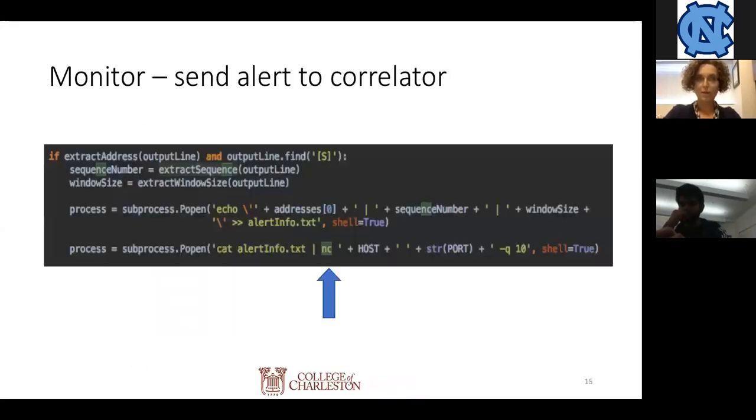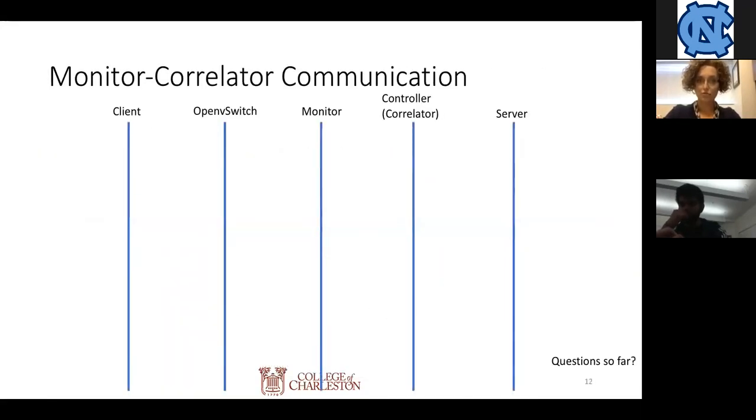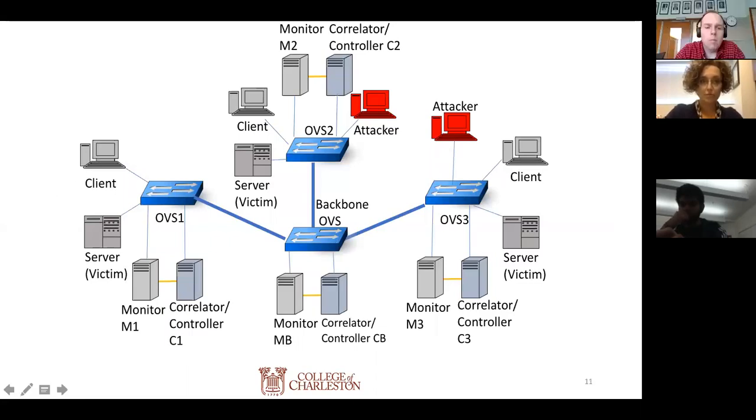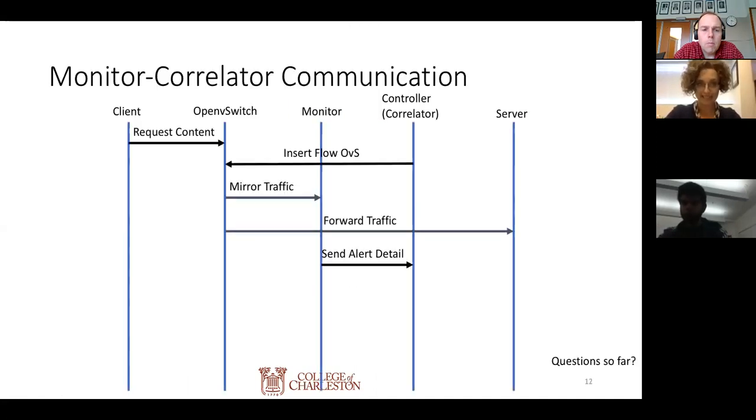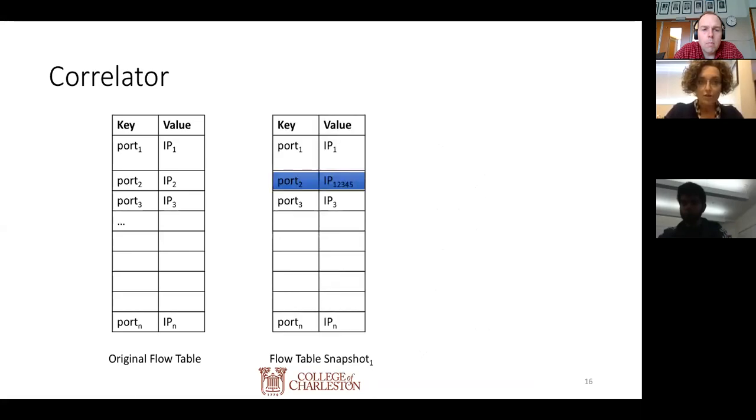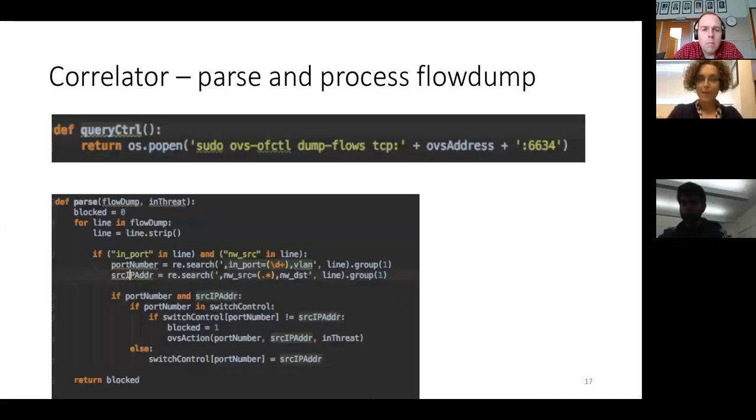So going back to the picture that I showed you, the correlator that would be doing this is this correlator. So it would be blocking its own local device. And of course, this backbone link would be whitelisted.